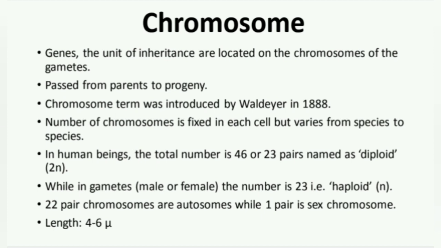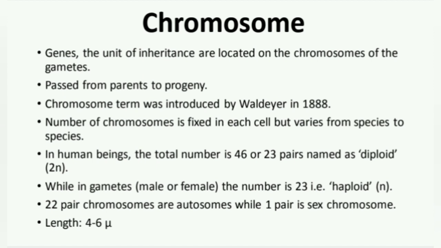The term chromosome was introduced by Waldeyer in 1888. The number of chromosomes is fixed in each cell but varies from species to species. In human beings, the total number is 46, or 23 pairs, named diploid, 2n.